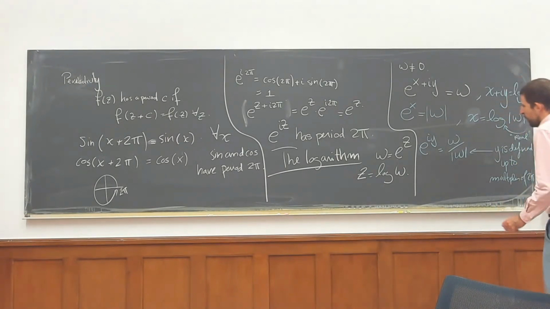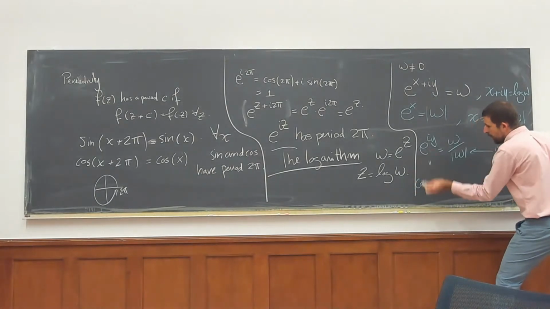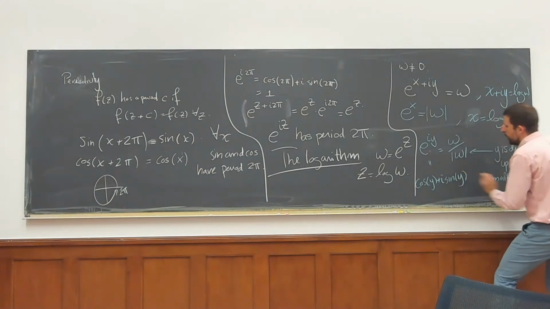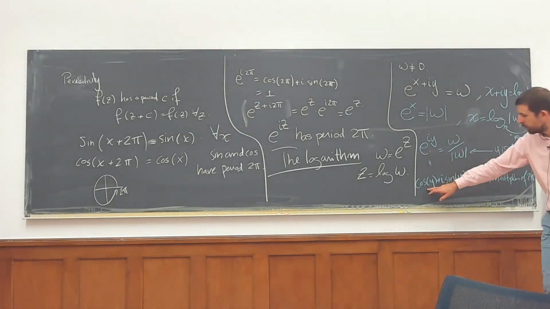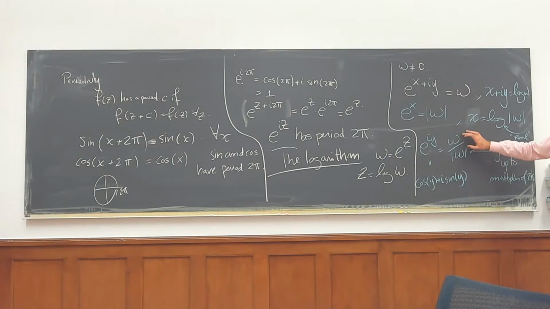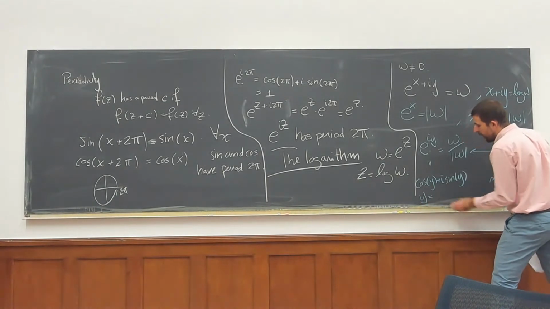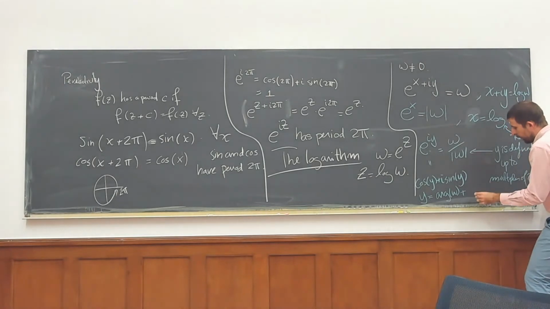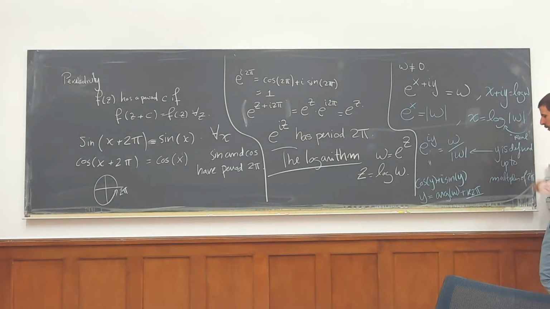We know that this is equal to cosine of y plus i sine of y. So we want cosine of y plus i sine of y to be just w over the absolute value of w. So effectively, y is just the angle, what we call the argument of w, plus, of course, k times 2 pi for any integer k. We can always pick any of these. The argument is just another way to call the angle of w.